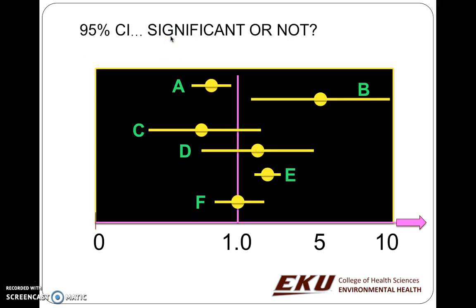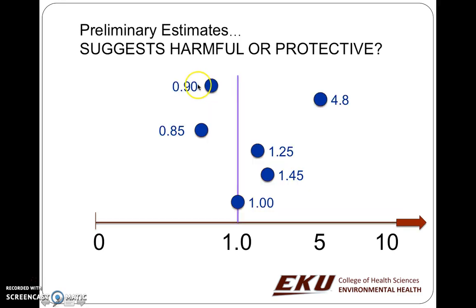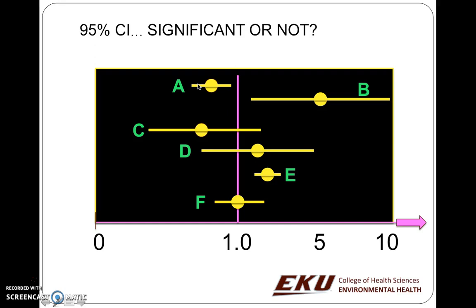So here on this little figure, we have the 95% confidence intervals depicted by the actual yellow lines. These are the same numbers as before, but this time we have a 95% confidence interval drawn on there for you.